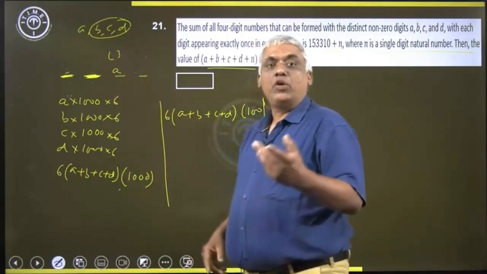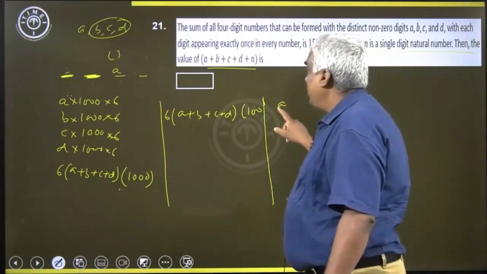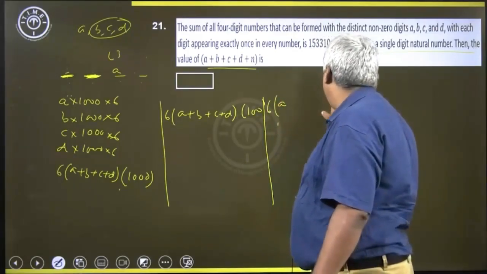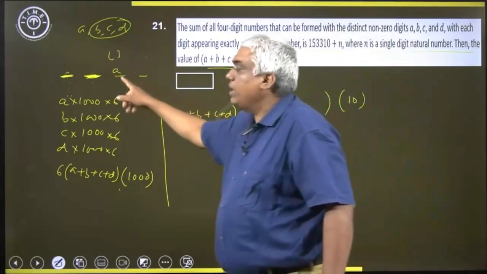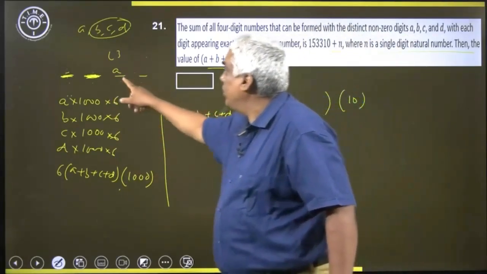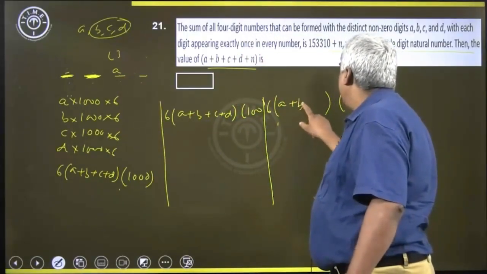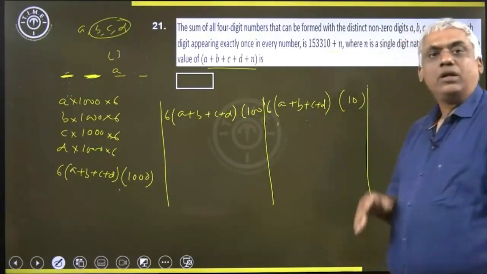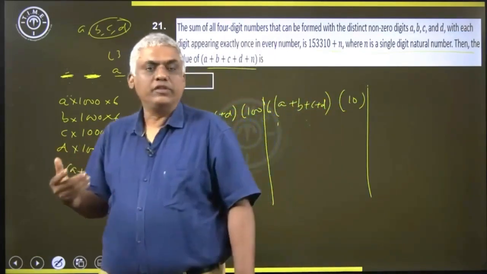So A into 10 will occur 6 times. Similarly, B into 10 will also occur 6 times. So it will be 6 times (A plus B plus C plus D) into 10. This is the sum of all the tens places of all the numbers formed, right?